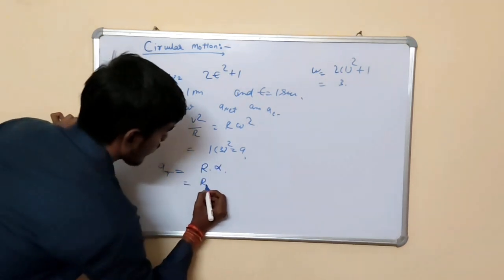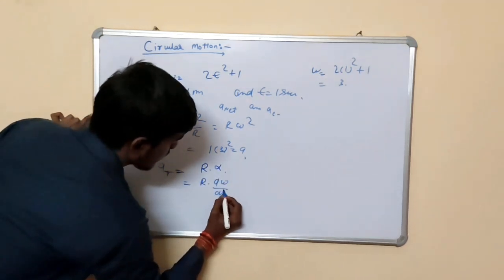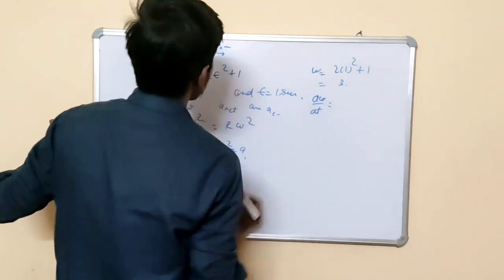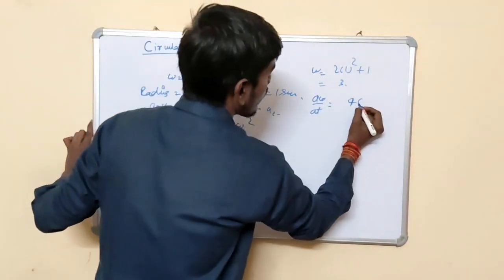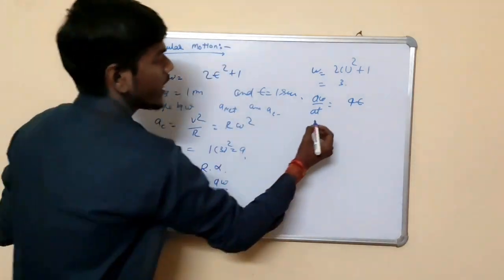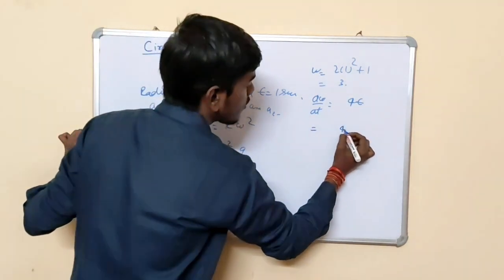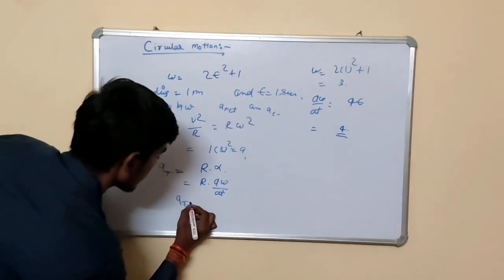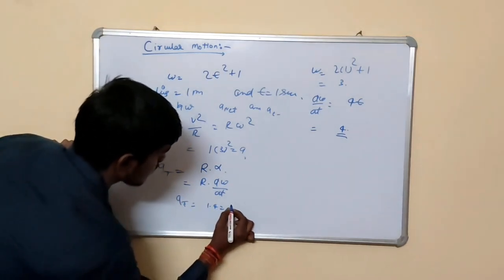We know alpha equals d omega by dt. So what will d omega by dt be at t equals 1? Differentiation of 2t square gives 4t, so at t equals 1 this gives the value 4. So our AT comes out to be 1 into 4, that is 4.